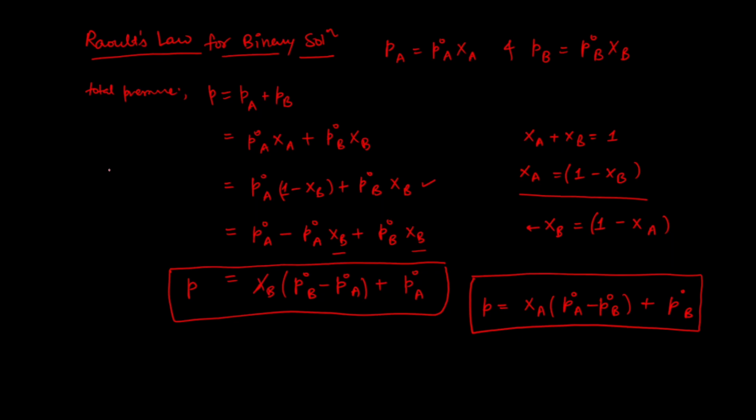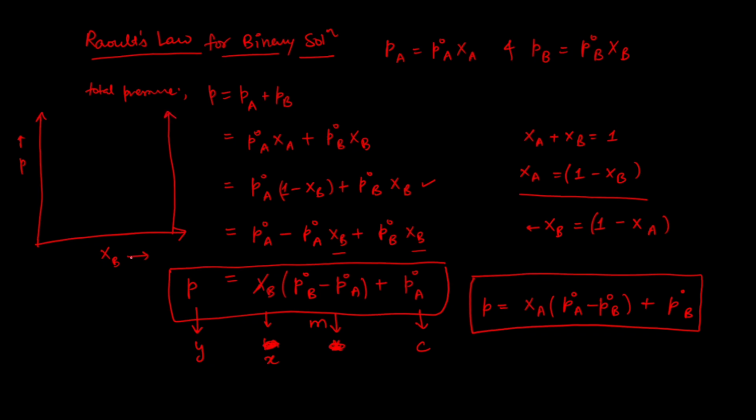If I plot the curve, writing this in the form y equals mx plus c, with P on the y-axis, m is the slope and x is chi B on the x-axis.